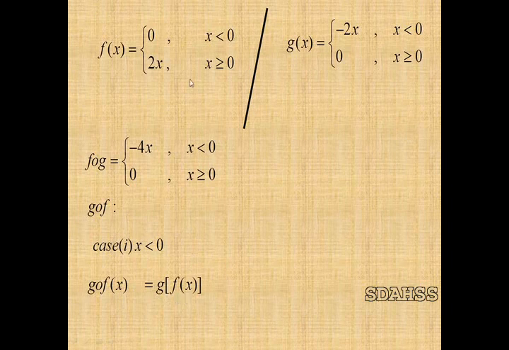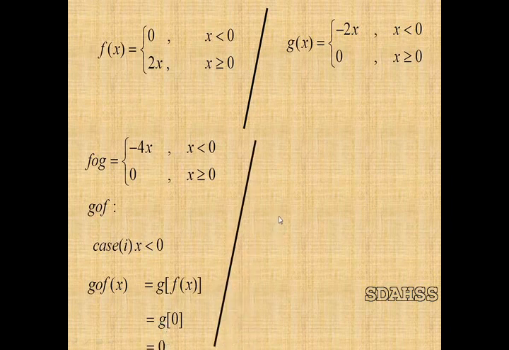In the place of f of x, we write 0, g of 0. Now look at the function for x less than 0, the function is minus; place 0 here, so its answer is 0.